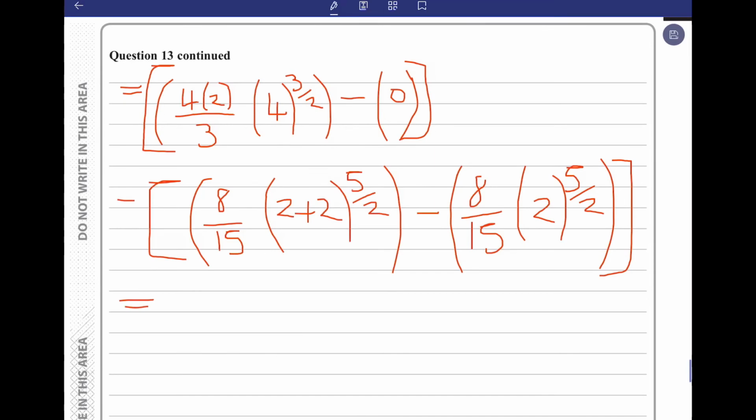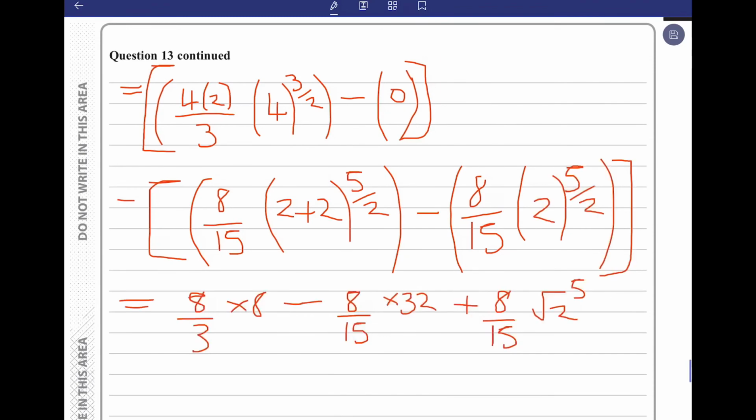So we have 8 over 3 times by 4 to the 3 over 2, which is 8. And then we're taking off. Now it's important not to forget your minuses here. So we've got 8 over 15, and then we've got 4 to the 5 over 2, which is 2 to the 5, which is 32. And then we've got 2 minuses make a plus, 8 over 15, and we've got root 2 to the 5.